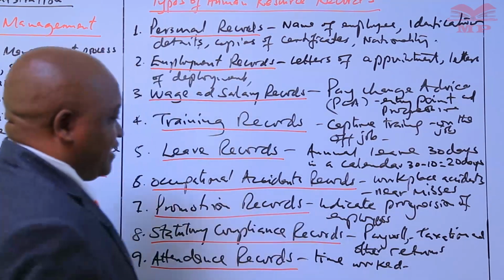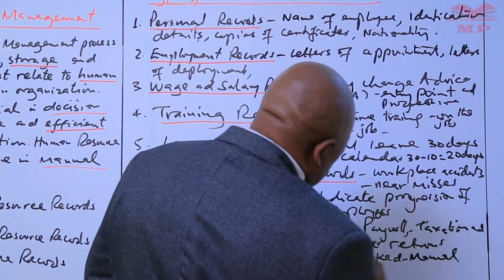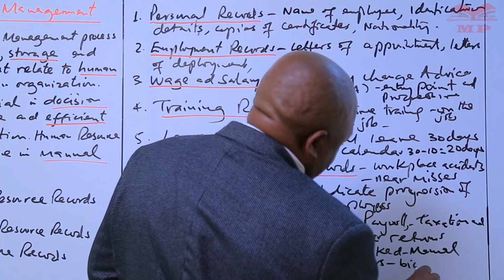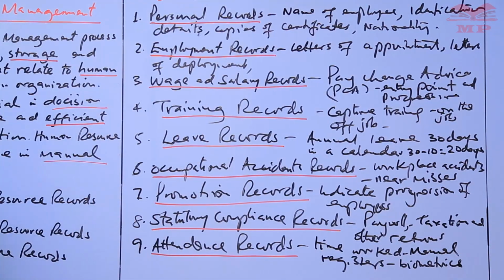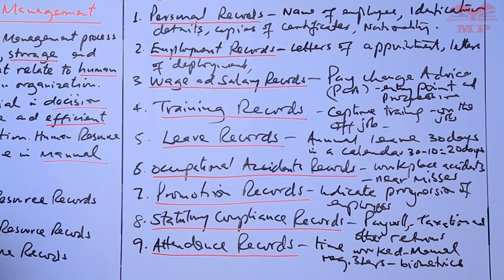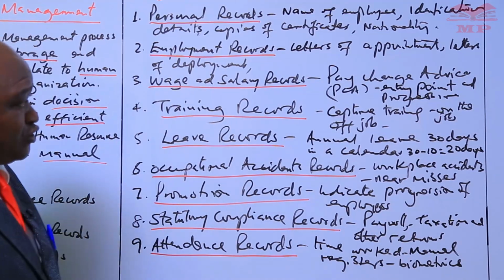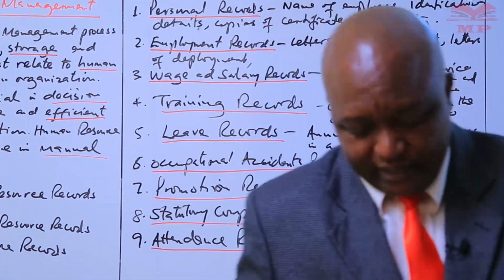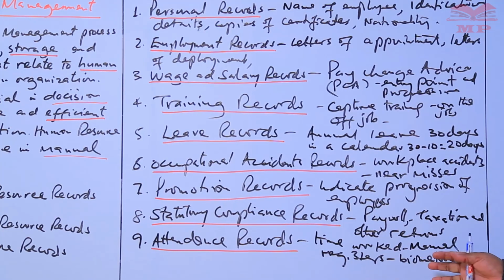Some organizations have manual registers, while other organizations have moved to biometrics, where the attendance of employees is captured by electronic means, and hence attendance records capture the attendance of employees to ensure that when decisions are supposed to be made regarding employees, that becomes possible. So this could also be some of the records.